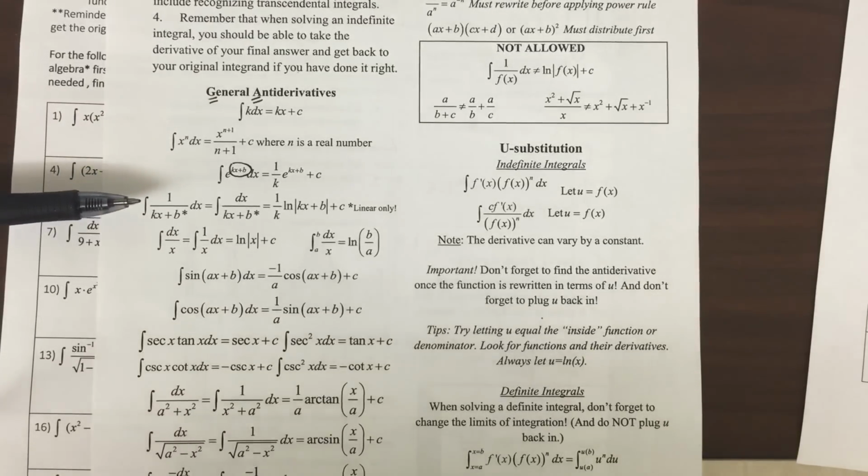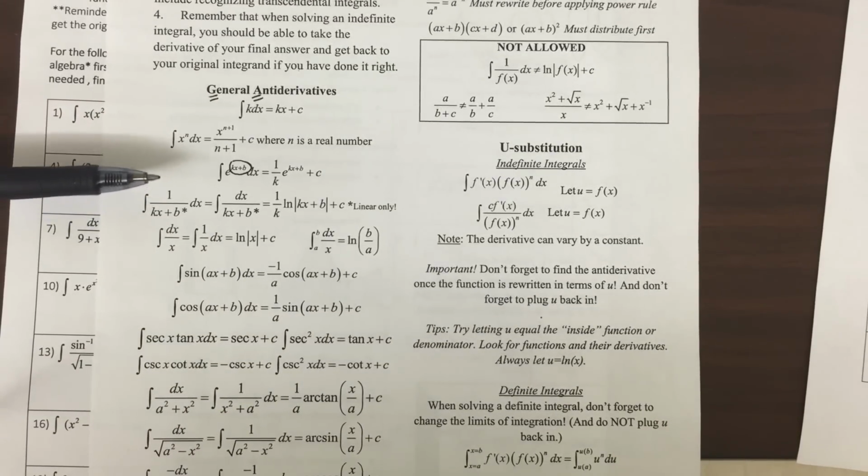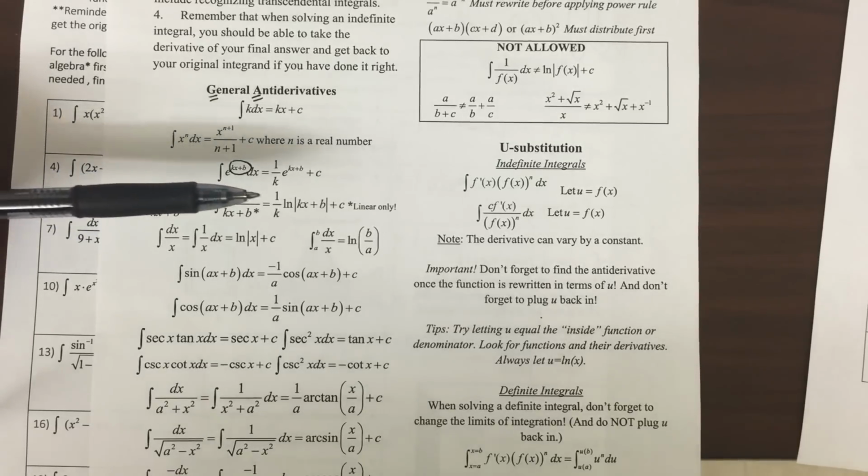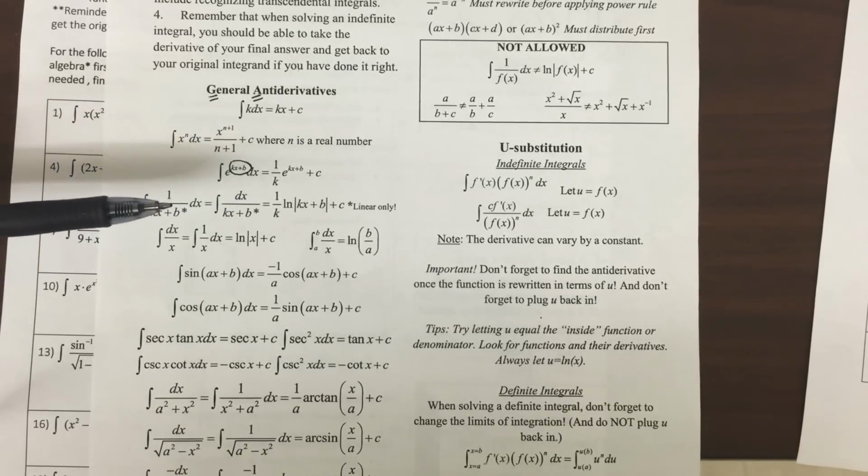Here is another function. When you have 1 over a linear function, such as kx plus b, that's a line, right? Then its antiderivative will be ln, just like how you have 1 over x. 1 over x is kind of a special case, but this is the general case.